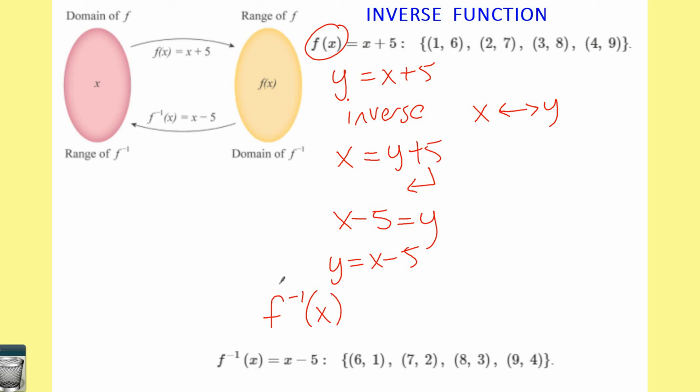It's not a negative 1 exponent. This is inverse notation. This just lets me know that it's not my original function. It's a manipulation of my original.